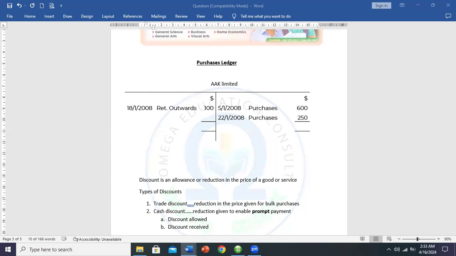Okay, so let me scroll up for that point. And that point is on the trade discount. So here it is, and I want one of you to read it for me.